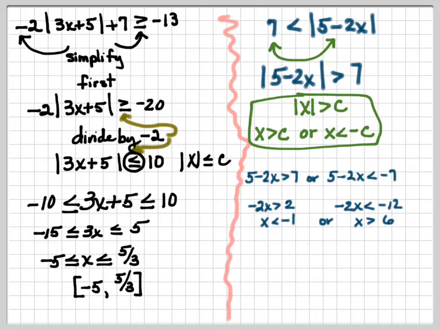So if I graph this, I'm going to have a parenthesis at negative 1, and my graph will go to the left because x is less than negative 1. I have a parenthesis at 6, and it will go to the right because x is greater than 6.